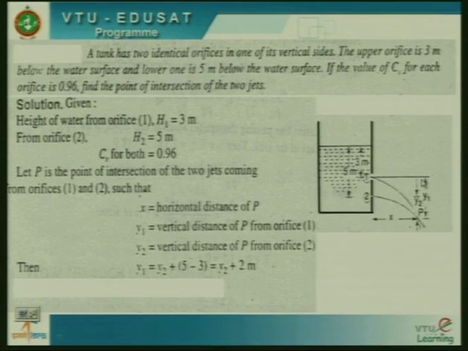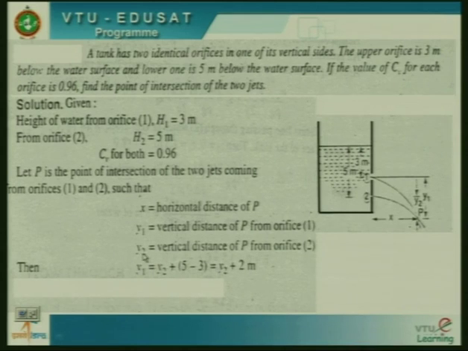So from this point to this point I call this y1, and from the center of the second orifice to the point P where the two jets are meeting, we call it y2.